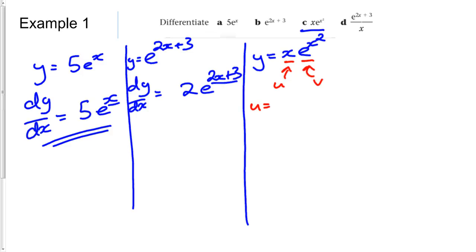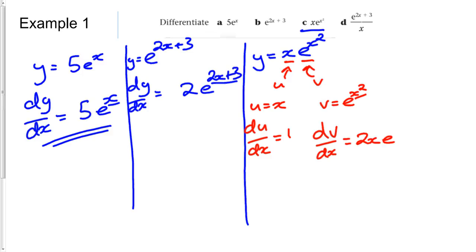So if u equals x, du by dx equals 1. v equals e to the x squared. So if we differentiate that, dv by dx, that equals, so if we differentiate the x squared up here, that goes down to 2x. So we've got 2x e to the x squared, because remember the power always stays the same.